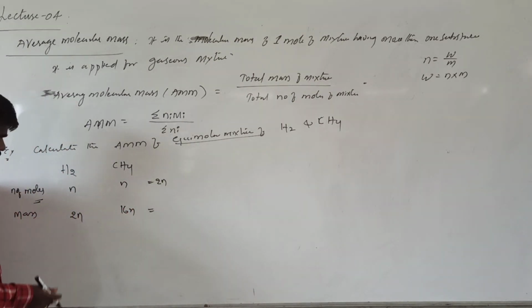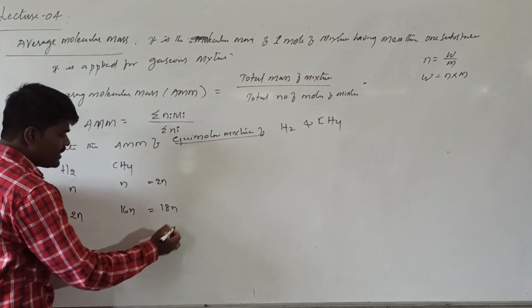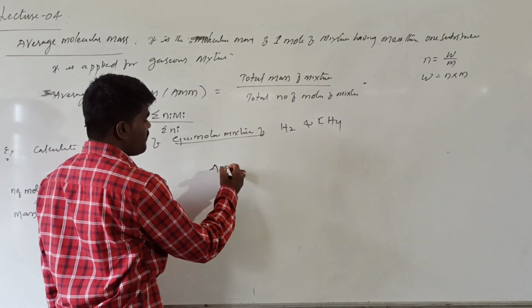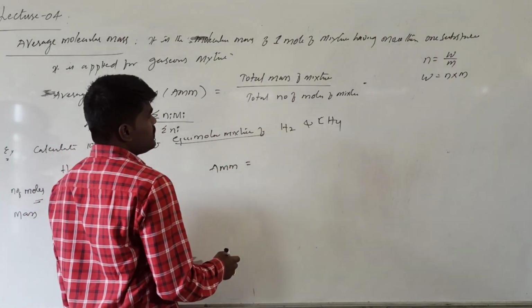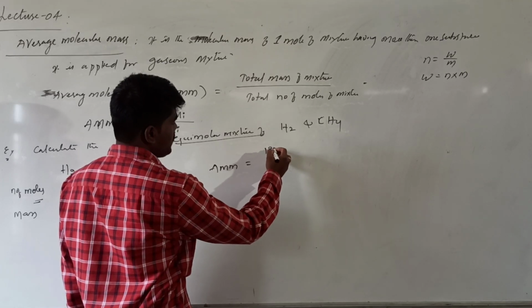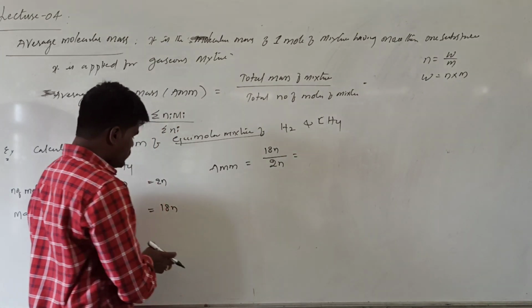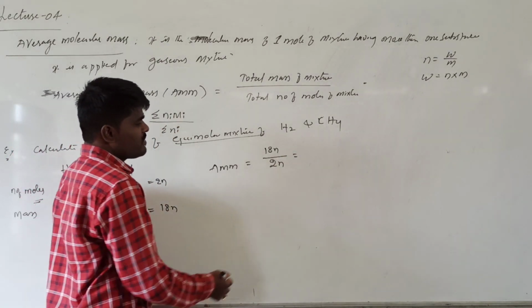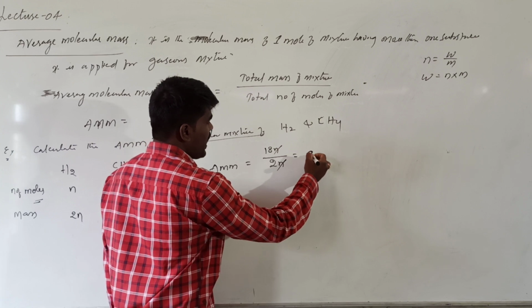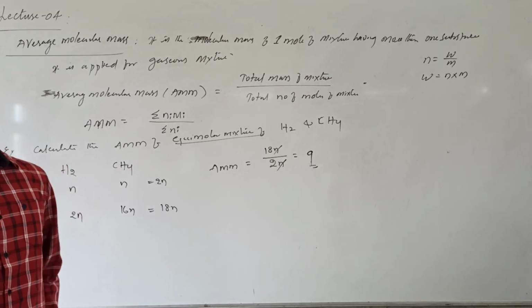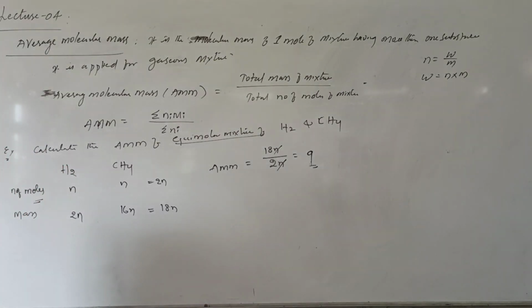Total mass will be what? 18n. Now, average molar mass will be equal to total mass, that is 18n upon total number of moles 2n. So how much it comes? n gets cancelled. The average molecular mass of the equimolar mixture of hydrogen and methane gas is 9.